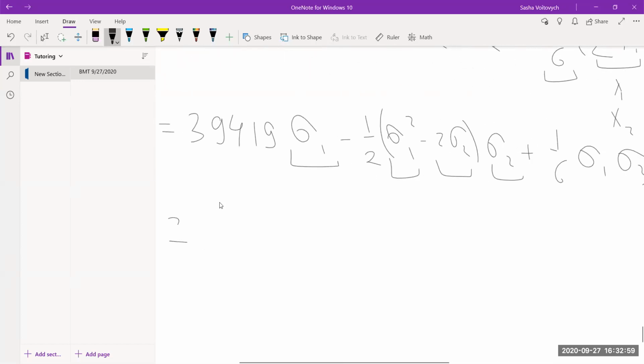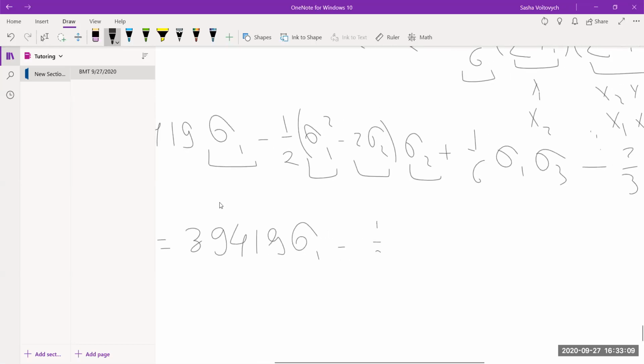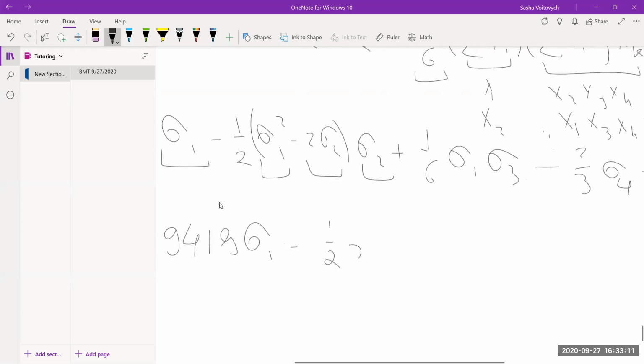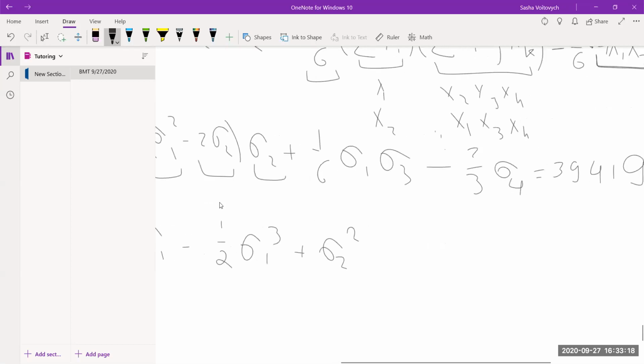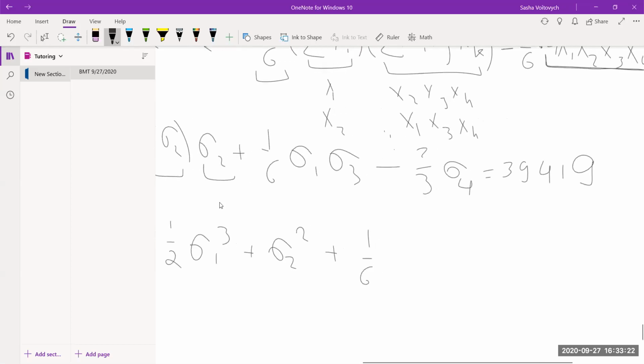So 2/3 sigma 4 is equal to 39,419 sigma 1 minus 1/2 sigma 1 cubed plus sigma 2 squared plus 1/6 sigma 1 sigma 3 and minus 39,419.